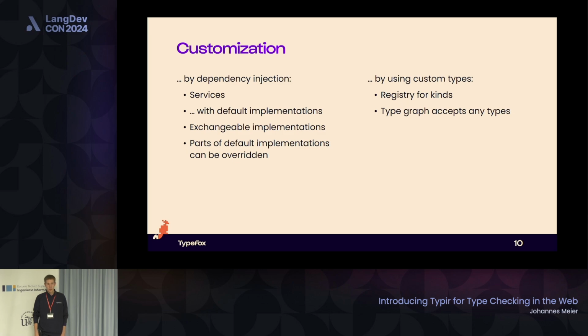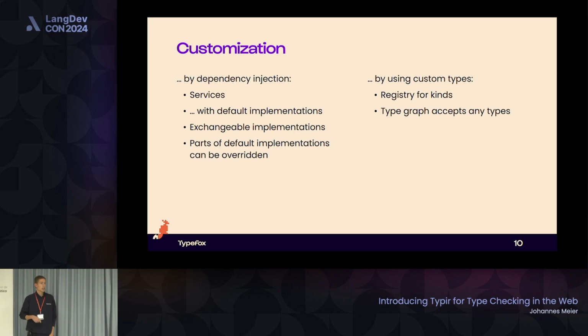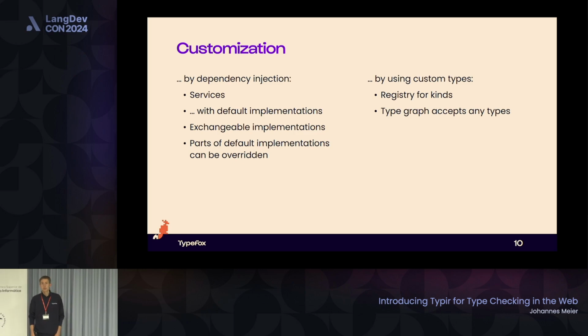And the easier approach is that you take the default implementation and override only some parts which should be adjusted. So in the end, by this approach, nearly everything is exchangeable. And you don't need to take care of it at the beginning, thanks to the default implementations.